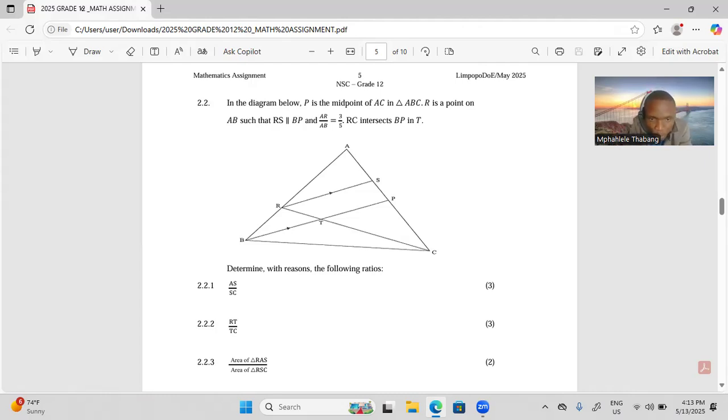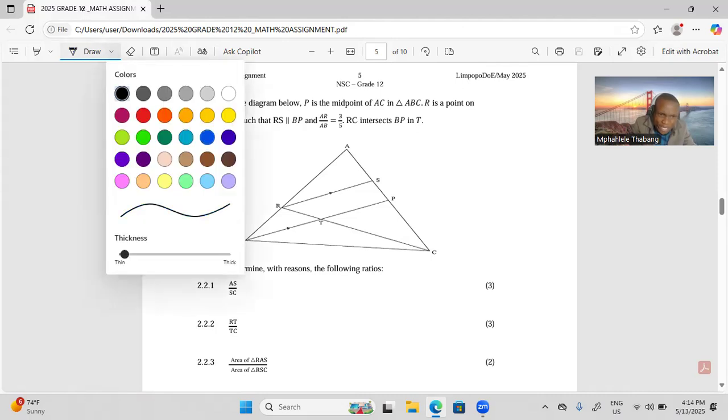In the diagram below, I'm reading the information on 2.2. In the diagram below, P is the midpoint of AC. Let's stop there. P is the midpoint of AC. So they are simply saying P is exactly at the middle of A and C, meaning that the distance from A to P is equal to the distance from P to C. Remember, we are saying P is the midpoint.